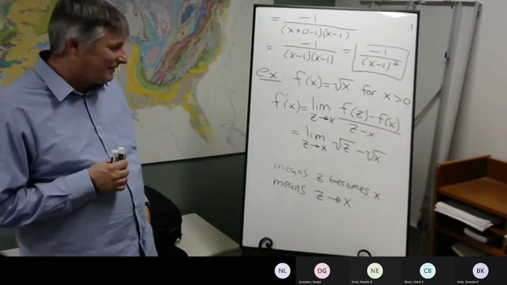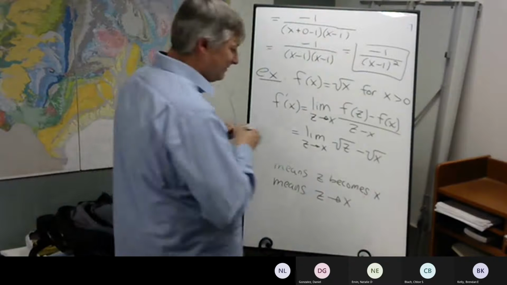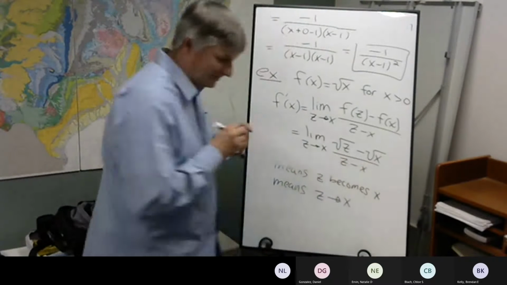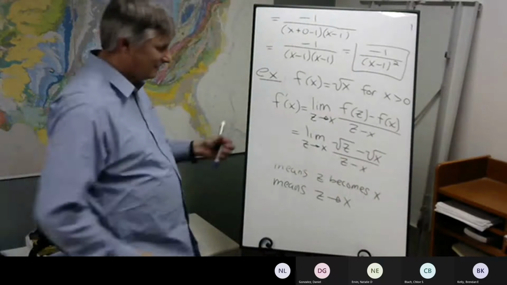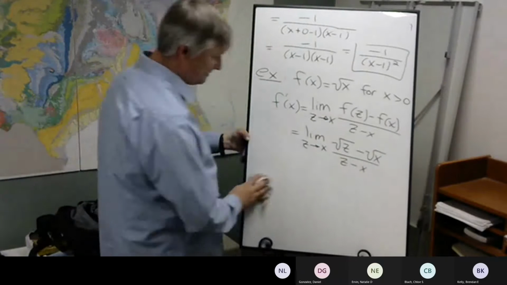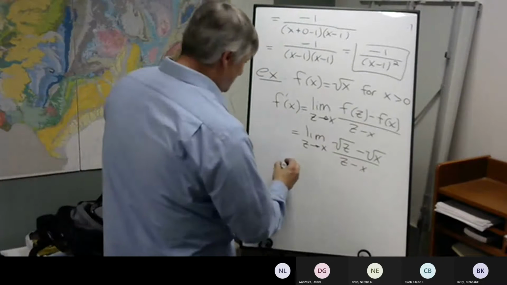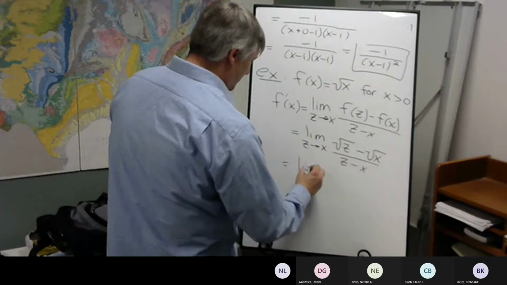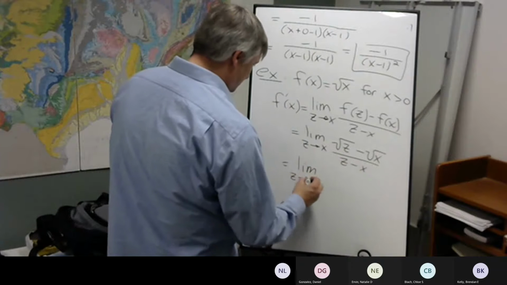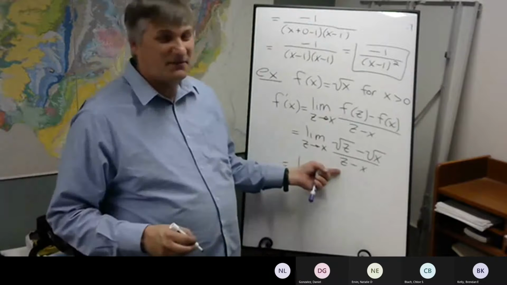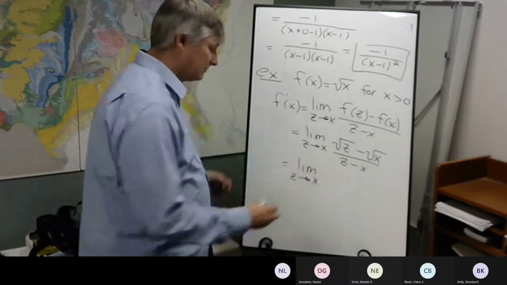So what we're going to do, we're going to do this. Now, you could do another neat algebra trick here. You can think of this as a difference of squares.